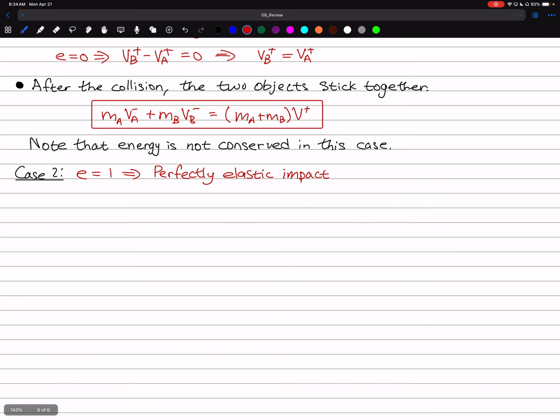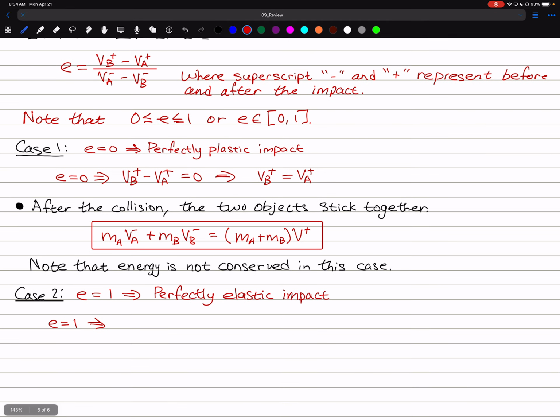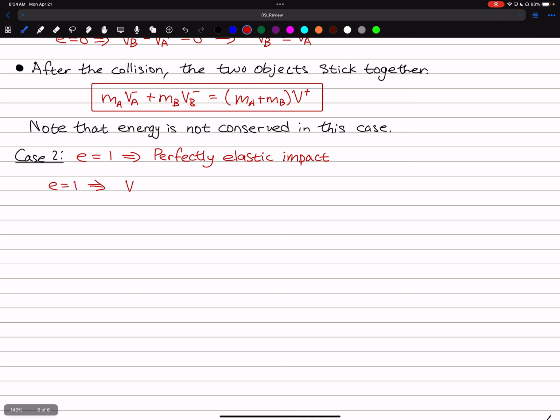If we substitute that into the equation above for e, we'll find that VB⁺ minus VA⁺ should be equal to VA⁻ minus VB⁻. That's our first equation.